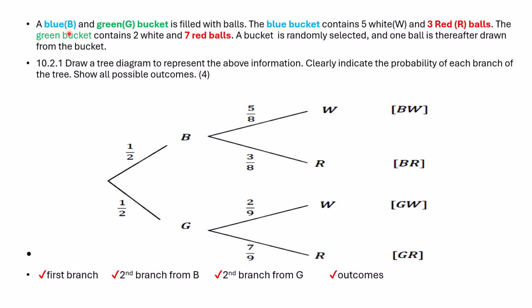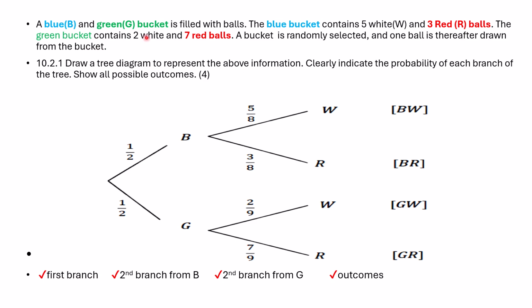So we have a blue and a green bucket, so either I'm going to select from the blue bucket or the green bucket. Because I have 2 buckets, the probability of selecting the blue, there's only 1 blue bucket, is 1 out of 2. Or selecting the green bucket, 1 out of 2. Now the blue bucket contains 5 white and 3 red, so from the blue I can select white or I can select red.